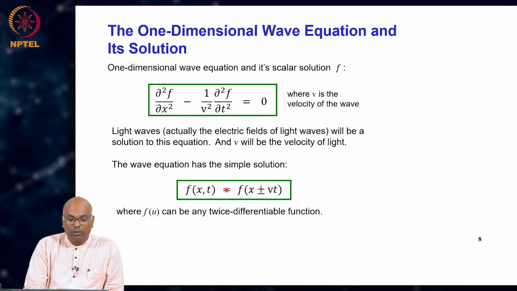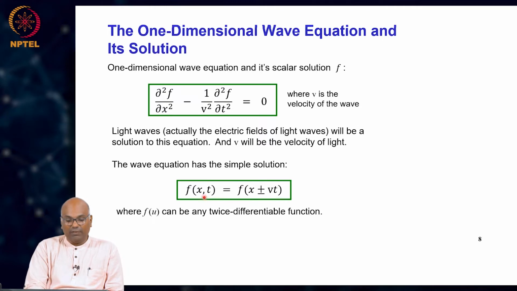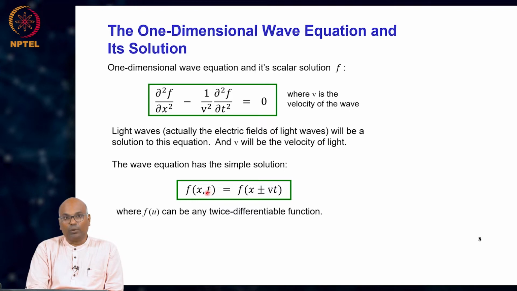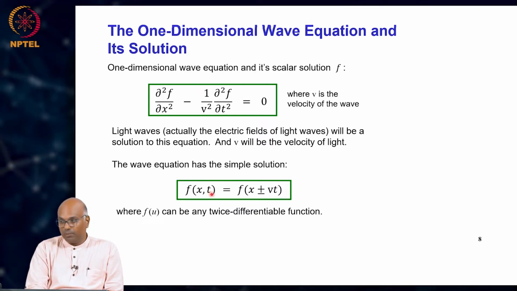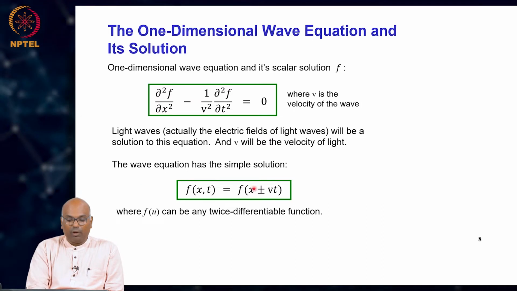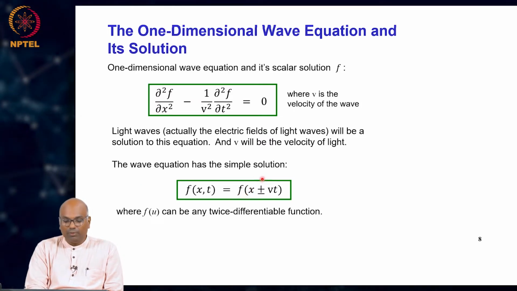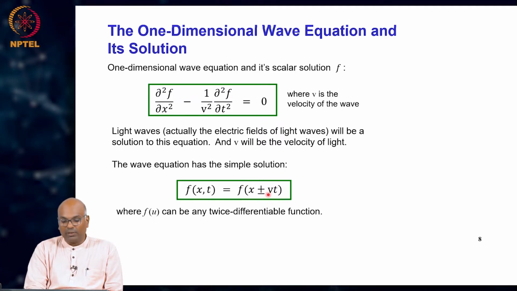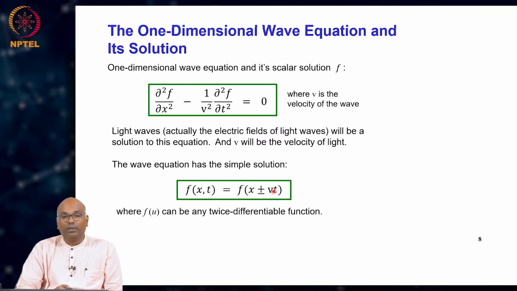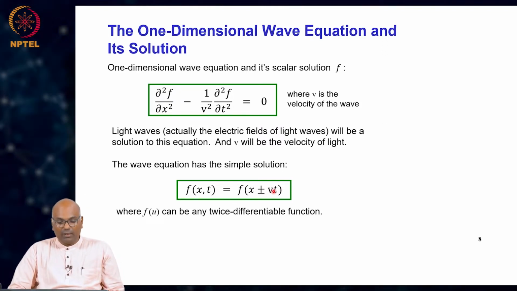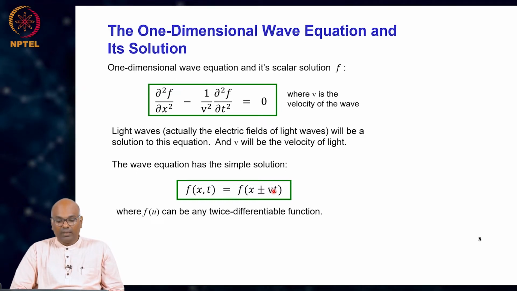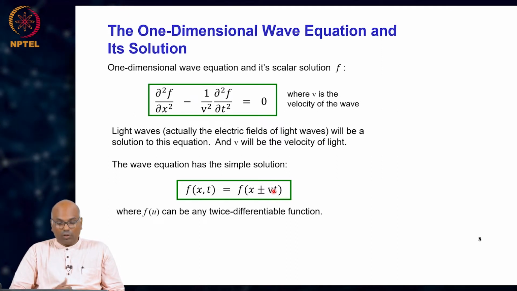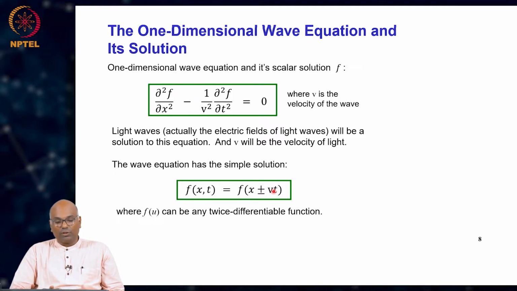What do we know about the solution itself? That is the function f. In 1D, this is a function of the spatial coordinate x and the temporal coordinate t, and we showed in the previous lecture that propagating wave phenomena should be described by functions of the form f of x plus or minus v t. If the function has the form x minus v t, then this captures the propagation of the wave in the so called positive x direction, or the direction of increasing x.